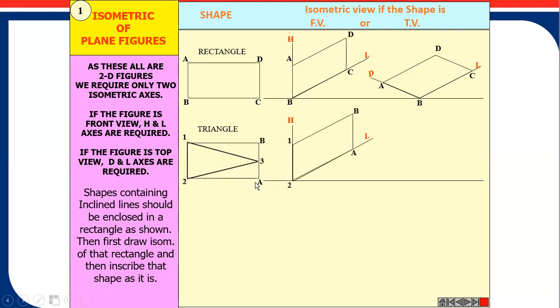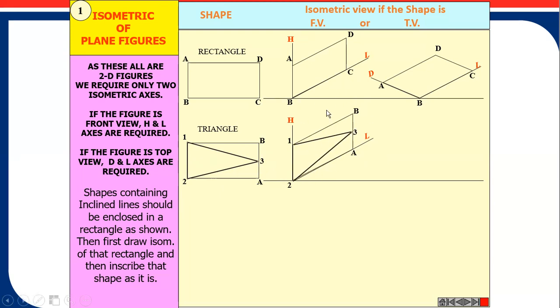Make a rectangle 1, 2, A, B, and then from A, measure the distance A to 3. This is your center point A, and intersect or mark here the third point. Okay, and directly you can join 1 to 3 and 2 to 3.